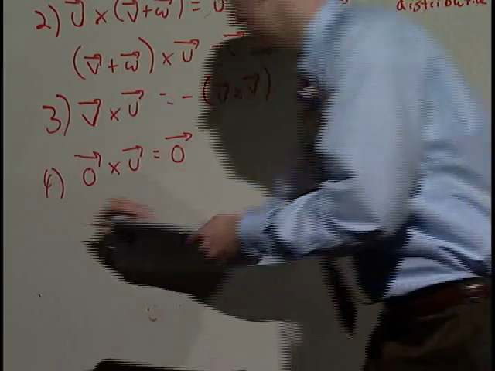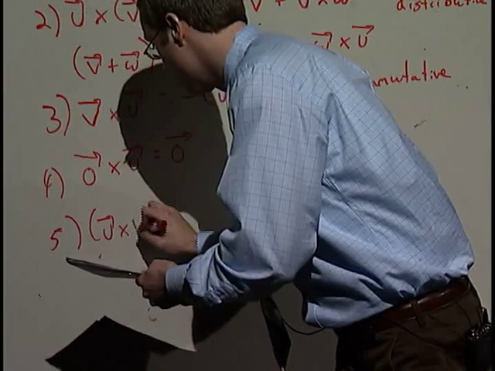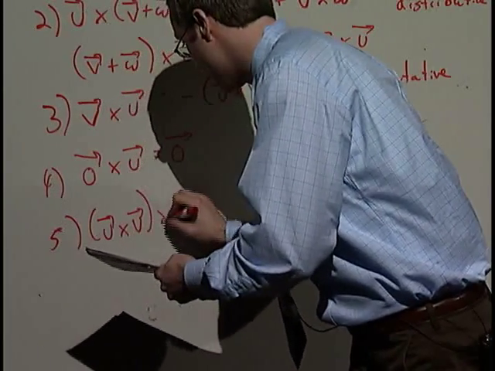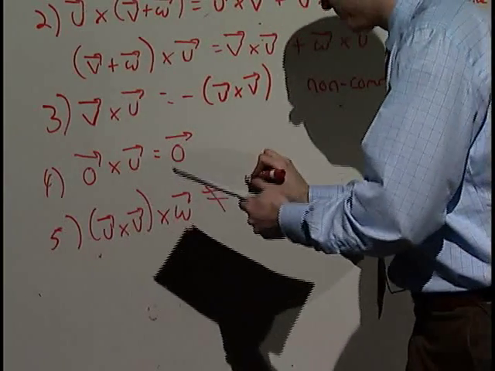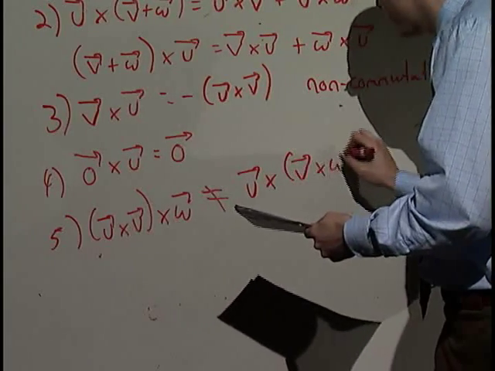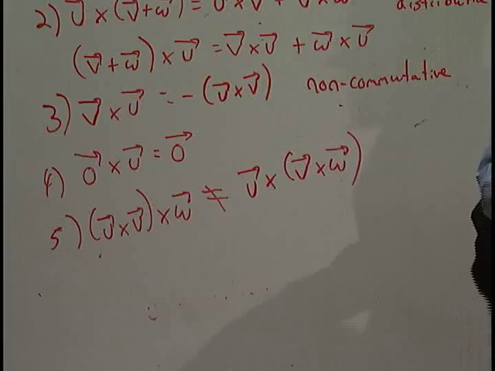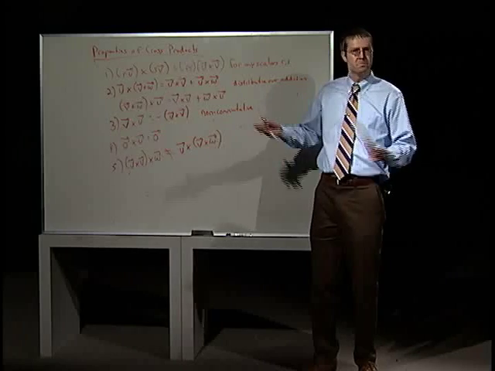No big surprise there. What's important to note, though, is that in general, and the proof here is somewhat involved, we're not going to do it, associativity fails. Associativity failed for the dot product because it gave us a degenerate statement, a scalar dot a vector. That's not what happens here.